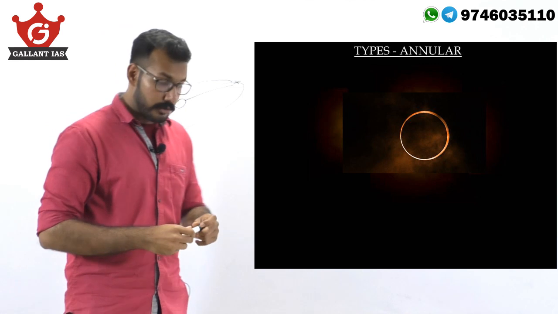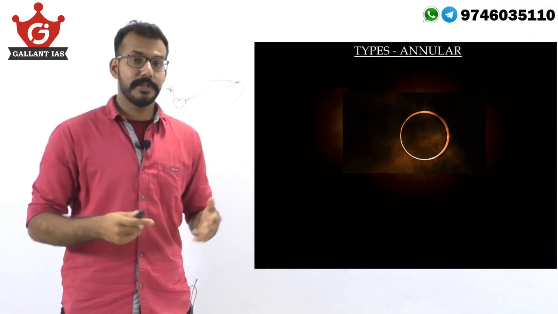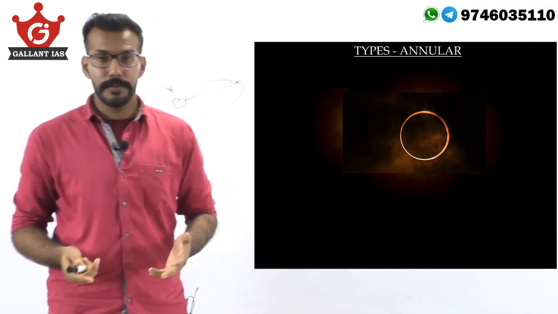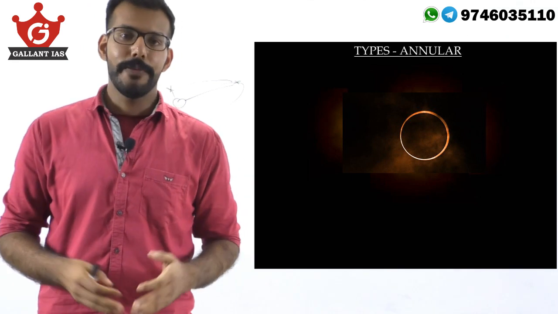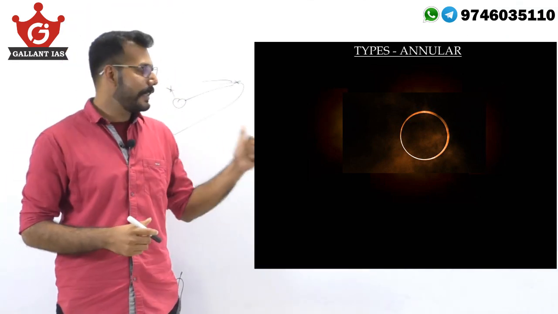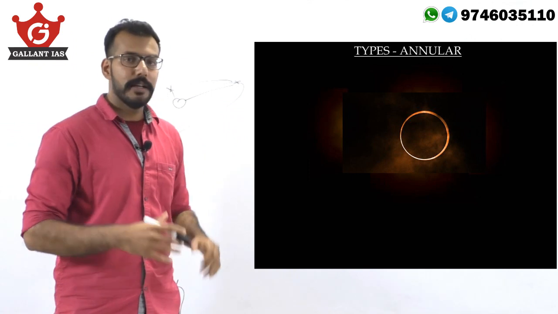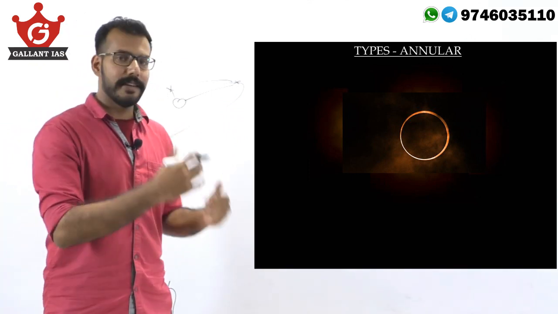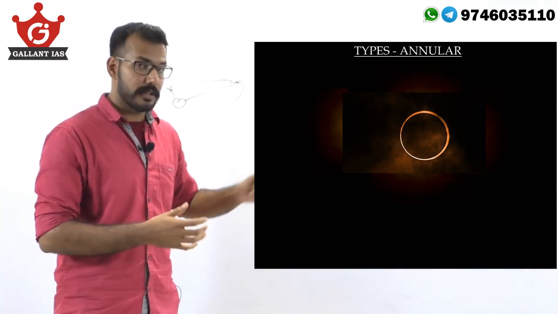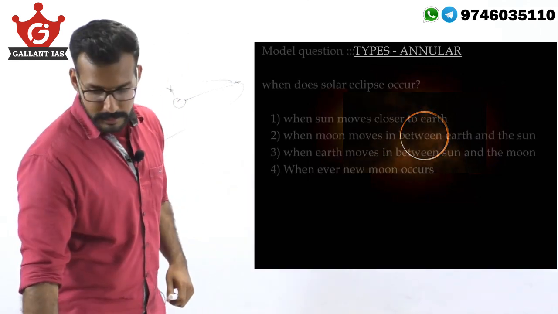As you all might have observed, an object which is closer to the observer seems to be larger, and when the object moves away, it seems to become smaller. That is the same phenomenon here. When the moon is at its furthest extent, it seems too small to cover the entire surface of the sun. That causes an annular solar eclipse.